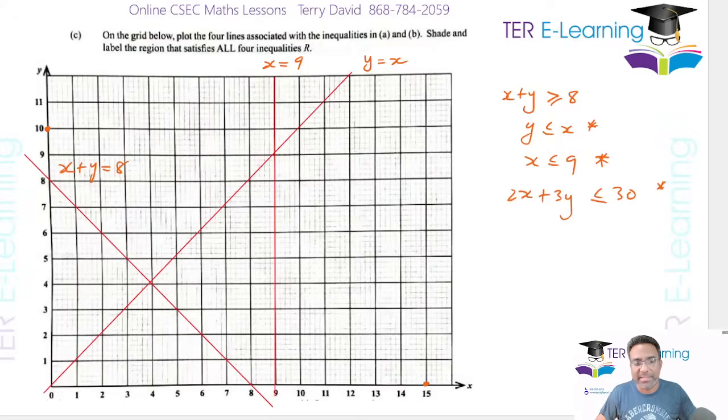So knowing CXC, this is going to be one weird graph. Let's see what's happening here. Did anybody get graphs like these?